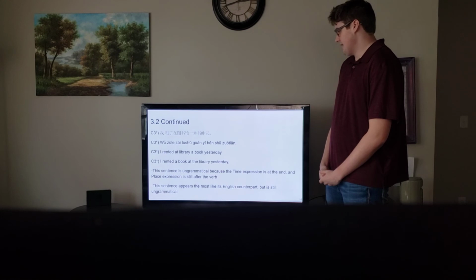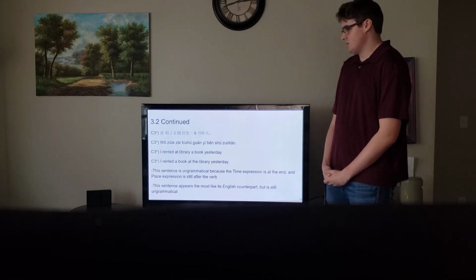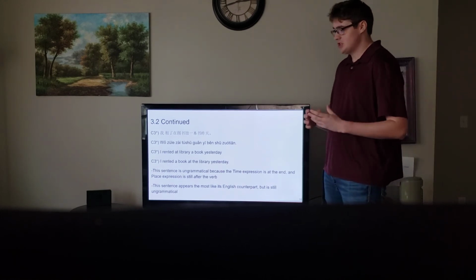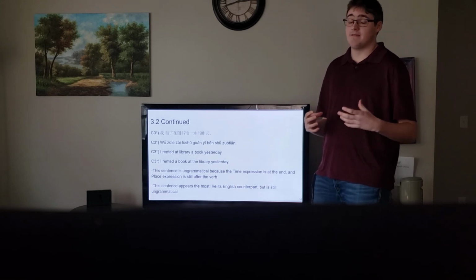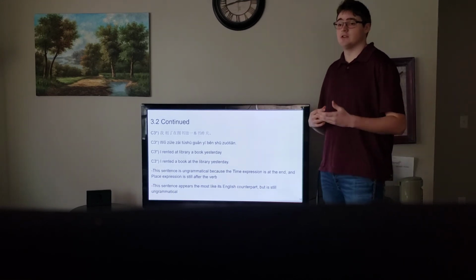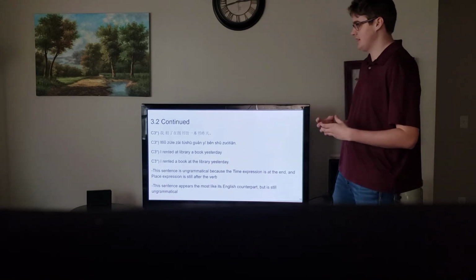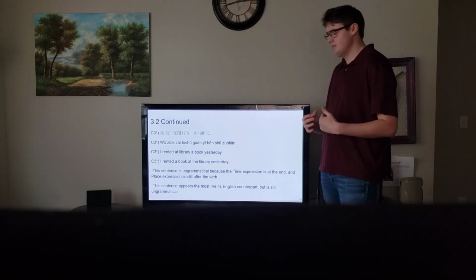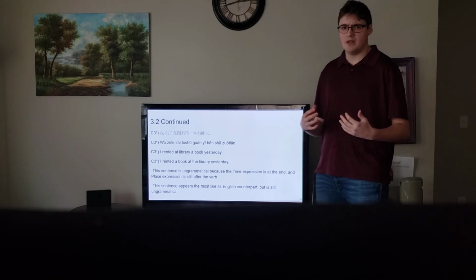And so by this we can see that Mandarin Chinese and English do have very similar phrase structure orders. And because of that, their sentences actually, in a direct translation, seem to line up incredibly well.